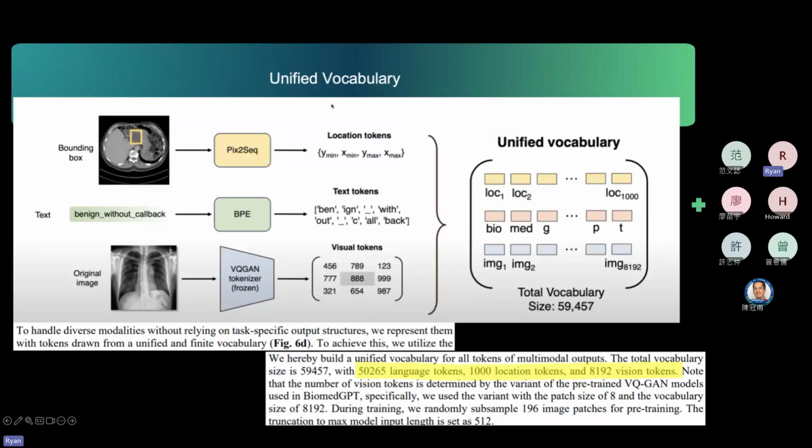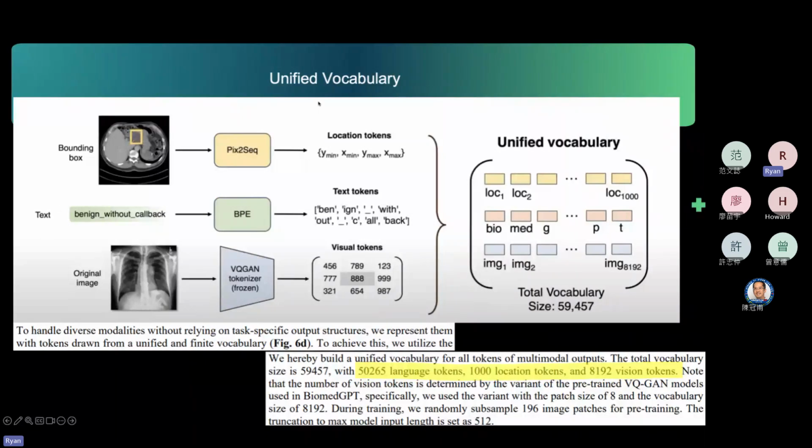They also create this unified vocabulary in which they combine all the text, image, and bounding boxes using separate tokenizers or encoders. For bounding boxes, they use Pix2Seq, for text they use BPE, and for image they use VQGAN, which they claim at the time of their research was the best, but they also mention that as it's always evolving, there are newer and better tokenizers we can use now for text, image, and bounding boxes.